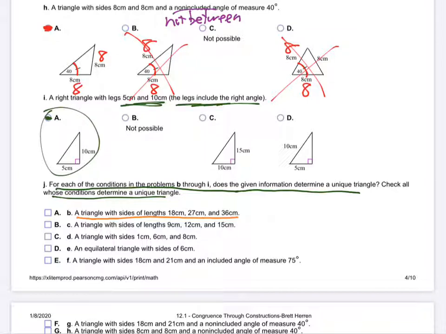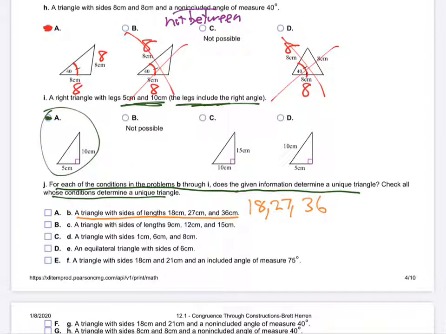Is that true? If somebody says, hey, I want you to make a triangle with sides 18, 27, and 36, is there more than one way to do that? Could one child take some popsicle sticks and make 18, 27, 36, another child do 18, 27, 36, and the two triangles end up not being identical? Or would they have to be the same triangle?